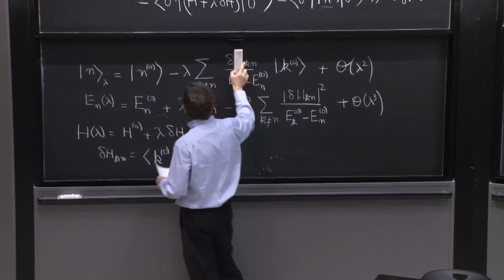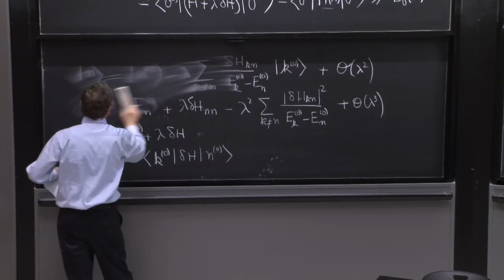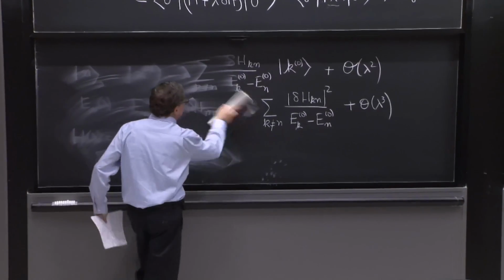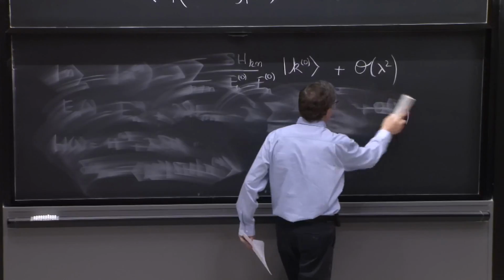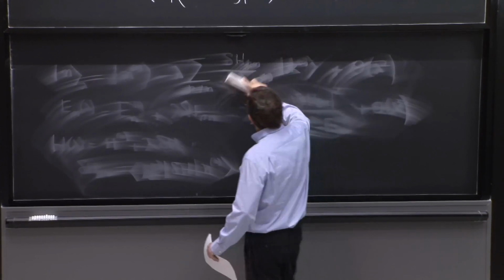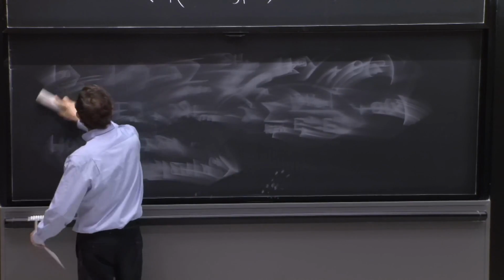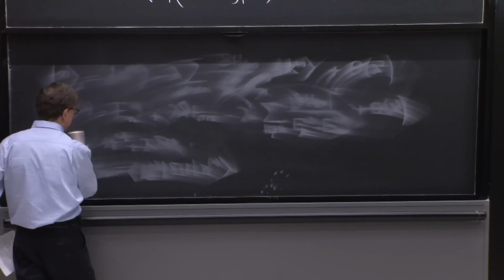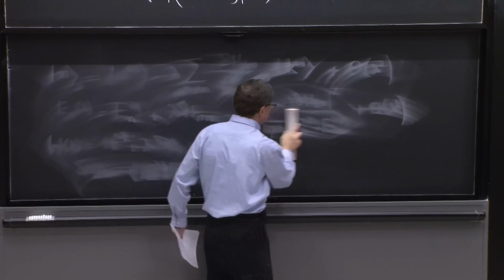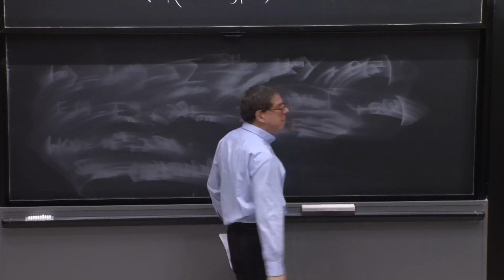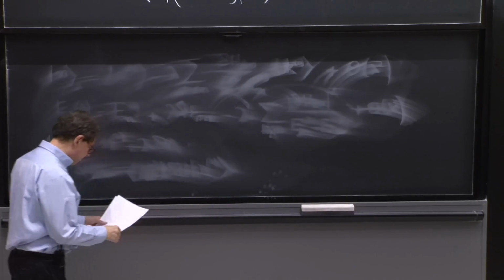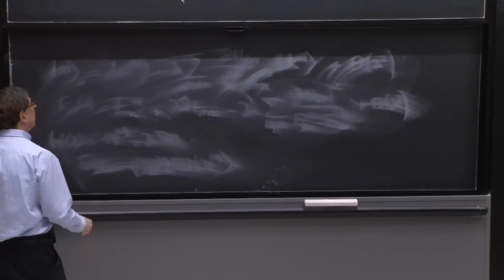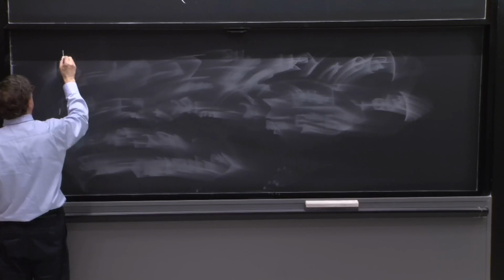Let's compute first the corrections to the ground state energy. These are calculations that are not difficult, but they take some care, as any calculation is based on just getting a lot of numbers right. So what is the ground state energy correction?